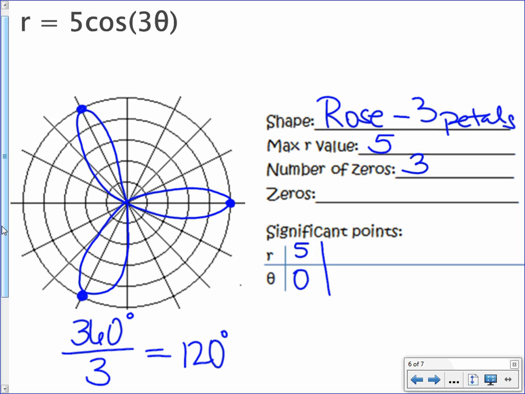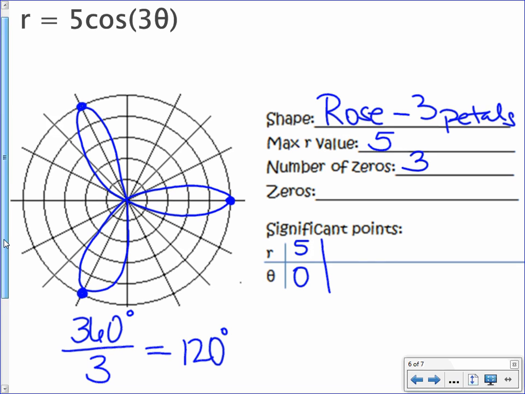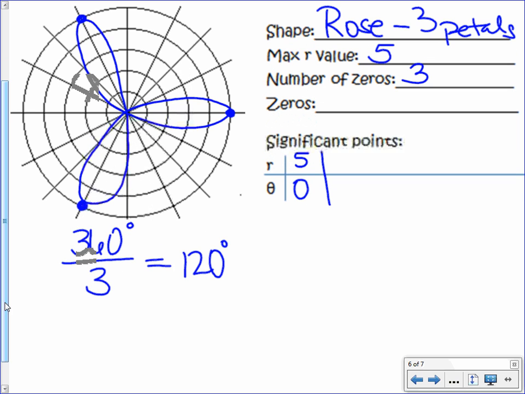It's where r equals 0. So what could we do? We can plug in 0 for r. So 0 needs to equal 5 cosine of 3 theta. Excellent. We have a trig equation to solve. It's a good thing we've done this before.